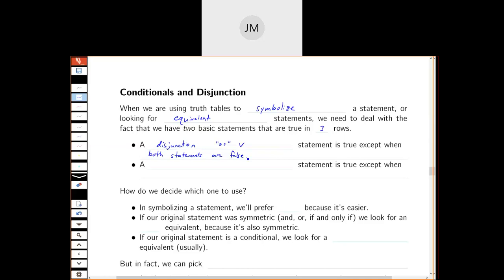So it's going to be true in three rows. The only time it's false is when they're both false. A conditional statement, that's the if-then statement, symbolized with the arrow, is true except when the first statement is true and the second is false.